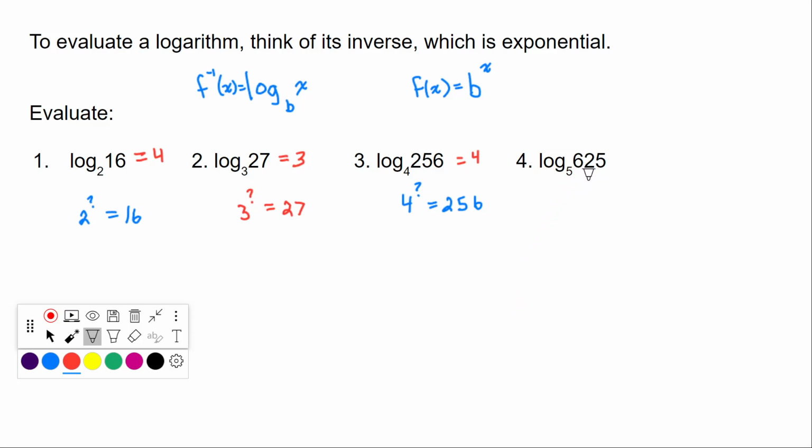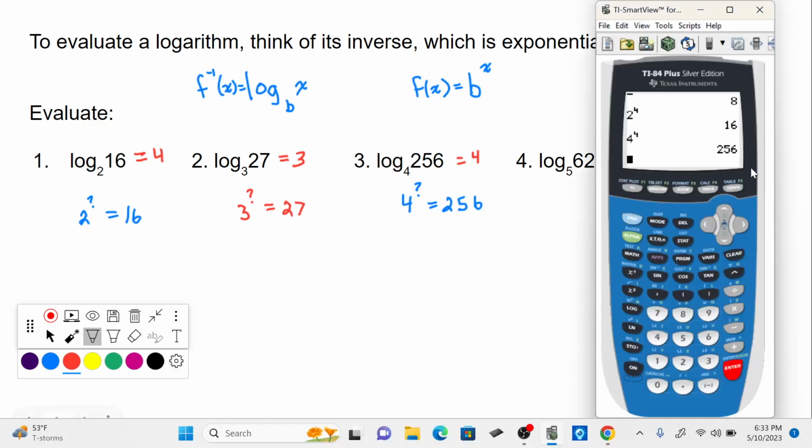Log base 5 of 625. If I take my calculator again, and let's clear the screen, 5 to the 3rd is 125. 5 to the 5th is 3,125, so hopefully it's 5 to the 4th. 5 to the 4th is 625.